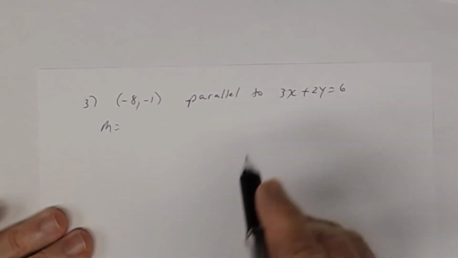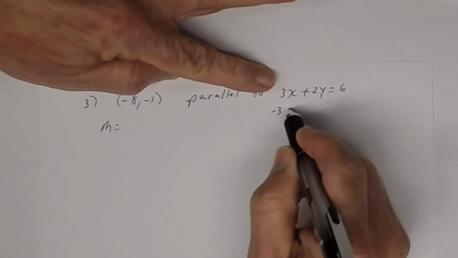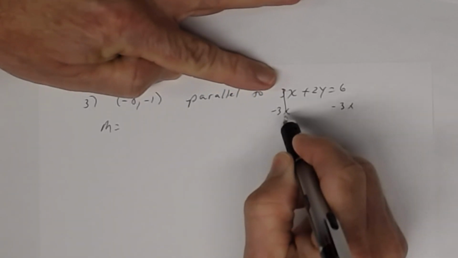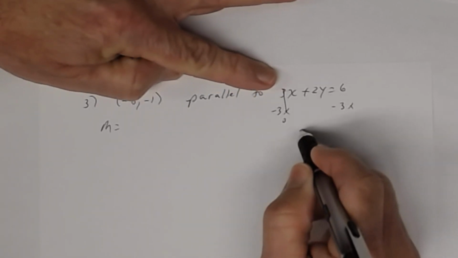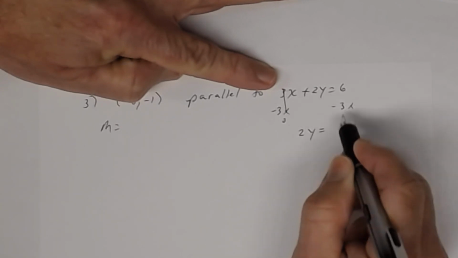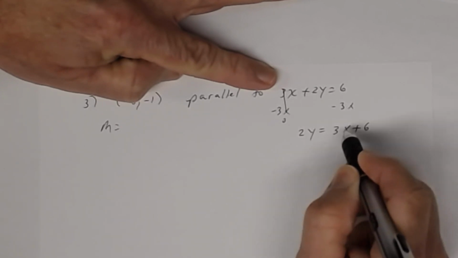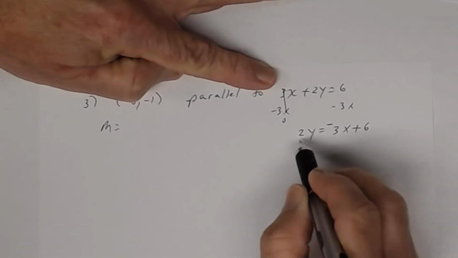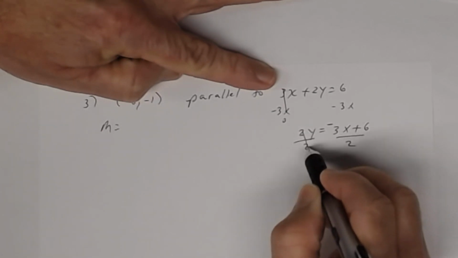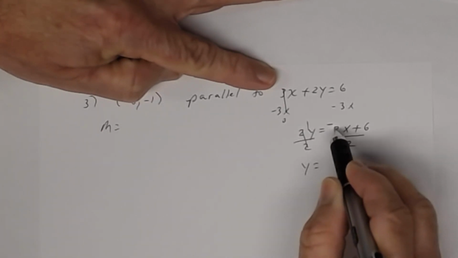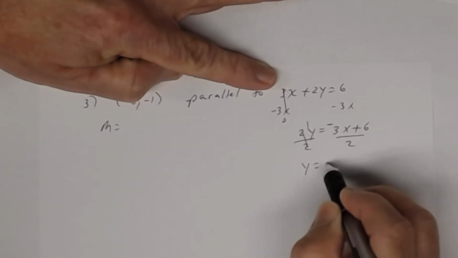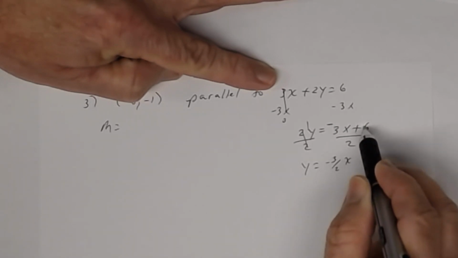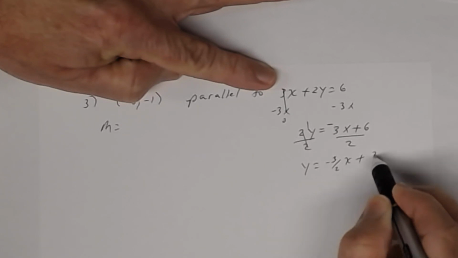So let's go ahead and get y by itself. I'm going to subtract 3x from both sides. So 0 plus 2y is 2y equals negative 3x plus 6. Dividing both sides by 2, I get y equals negative 3 halves x, and then plus 6 divided by 2 is 3.